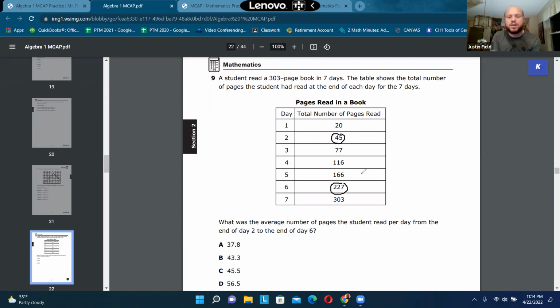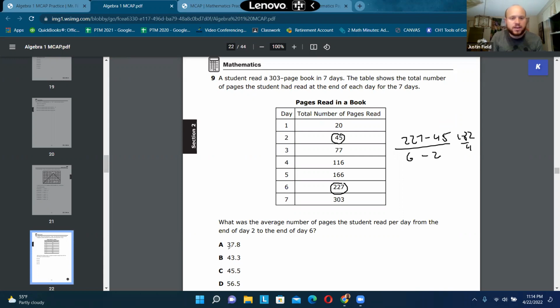So the average number is going to be the slope. So 227 minus 485 is my y values, and then 6 minus 2. Why am I using my calculator for this? 182 over 4, 45.5.